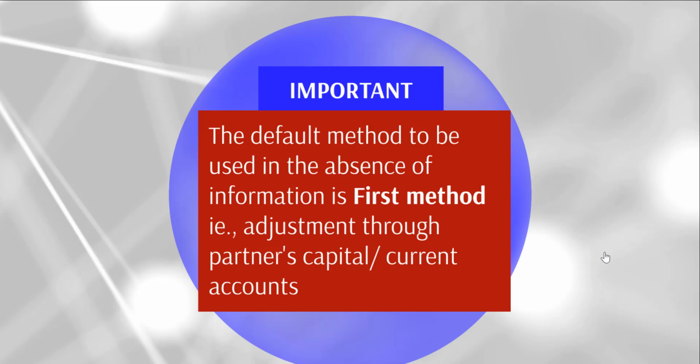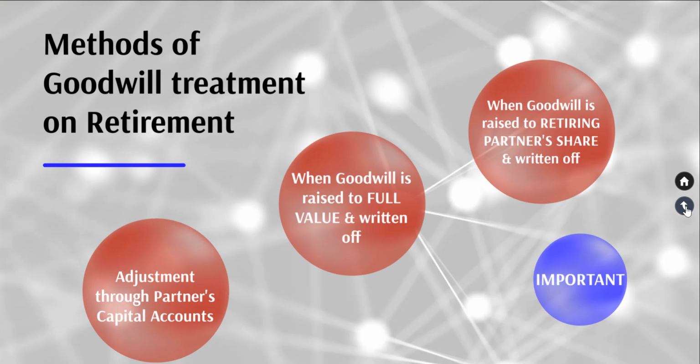So in the absence of any information given, we will use the first method of adjusting the goodwill among the partner's capital or current accounts. So unless they specifically say in the question that goodwill is to be raised to full value and written off, or goodwill is to be raised to the retiring partner's share and written off, we will follow the first method of adjusting the goodwill amount through the partner's capital or current accounts.